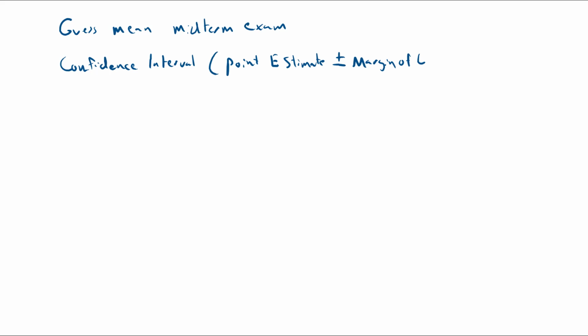Margin of error. With that, your point estimate will be abbreviated by just PE, and we'll say plus or minus our margin of error will simply be MOE, for margin of error.